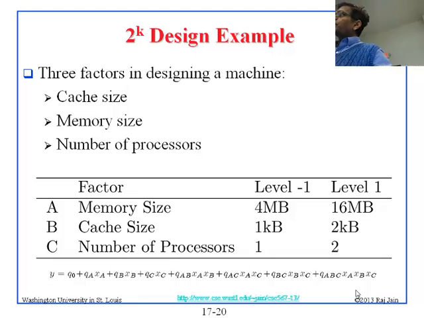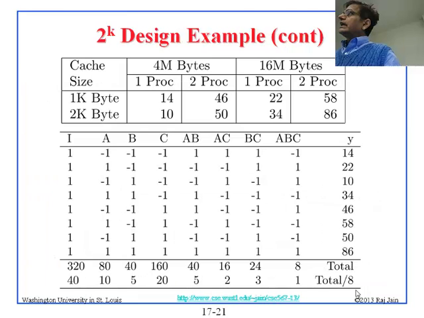With this model, you see how many parameters you have: 2 raised to 3 parameters, q0 through qABC, 8 parameters. And you will have 8 experiments because it is a 2 raised to k design.